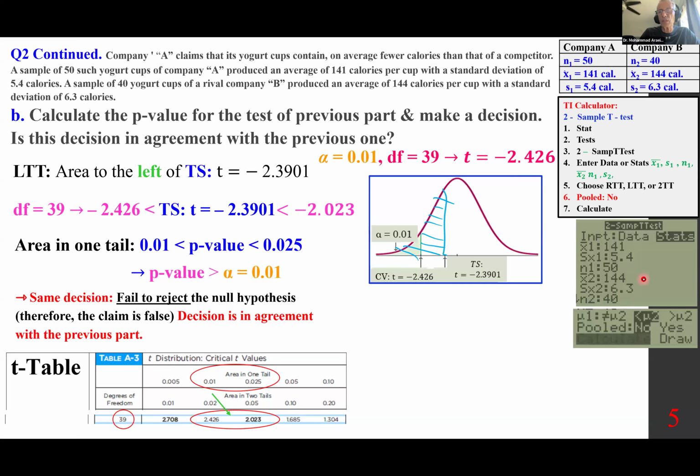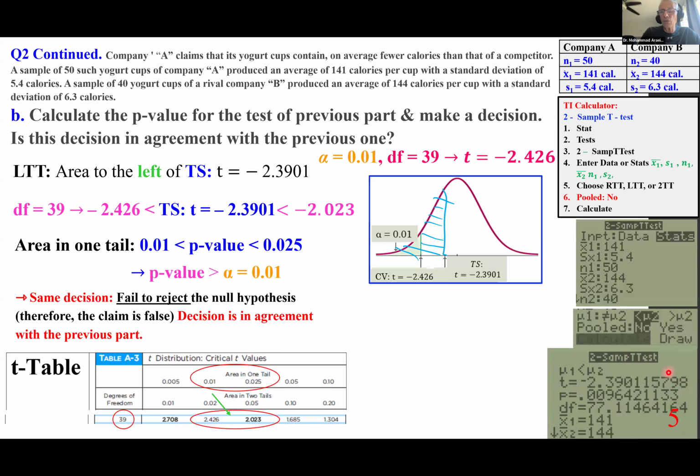Now, here's the question that asks you: are you going to pool? So am I going to use the pooled test statistic? Absolutely not. When you have equal variances, you do that. But they said they use different variances. And they don't even have to say that. You always say no unless they mention there are equal variances. Having said that, you do the calculation. Here's what you see.